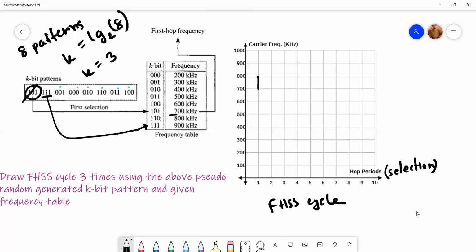I'm just moving one grid from left to right, because that was my zeros position. Now this is my ones position. So my second selection is saying to take the triple one, so 900 kilohertz. Basically this is my 900.